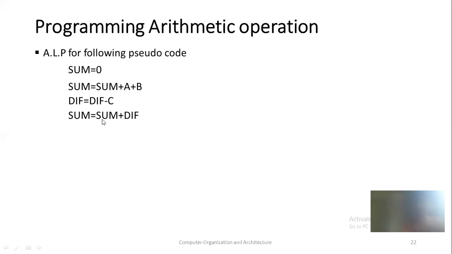Lastly load the sum location's content, add the diff location's content and store at the sum location. If you have any query you can mail or message me, but you have to do this by yourself. It is very easy.